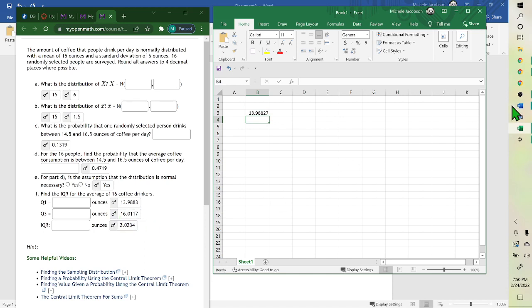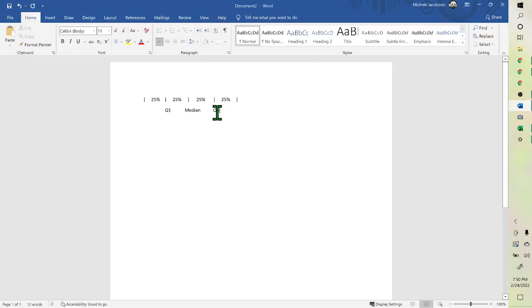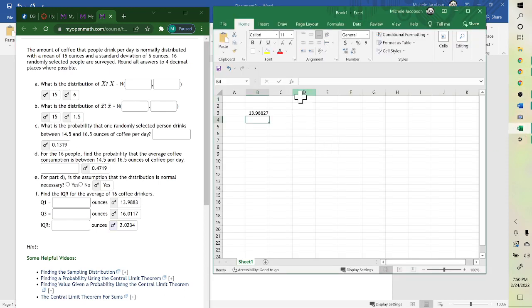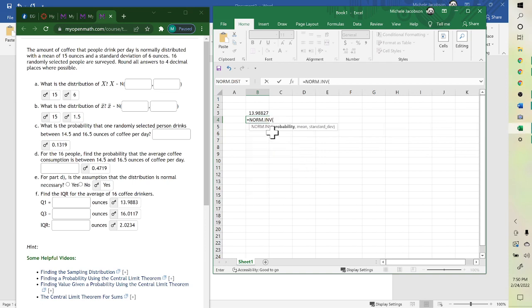Now Q3, if we look back at my drawing, is here. Notice the percent that's below it. 25, 50, 75. 75% of the data is below Q3. So when we find Q3, we go equals norm, and we want the inverse because we have the percent.